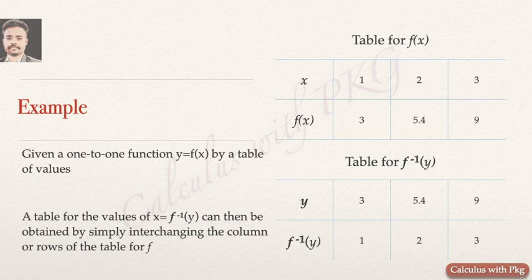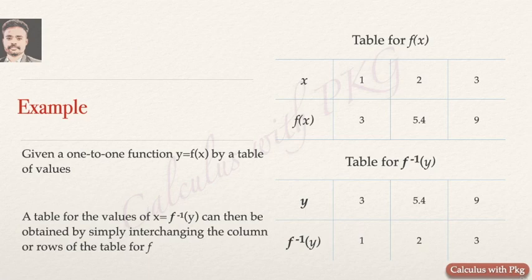And just below the table for f of x, I have shown a table for f inverse of y. A table for the values of x equal to f inverse of y can then be obtained by simply interchanging the columns or rows of the table for f.